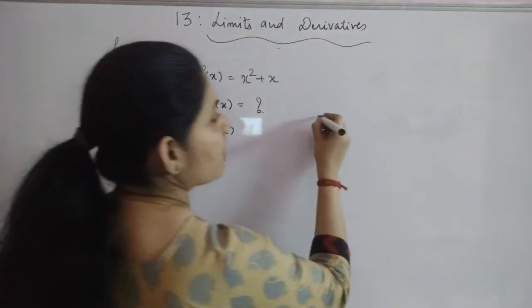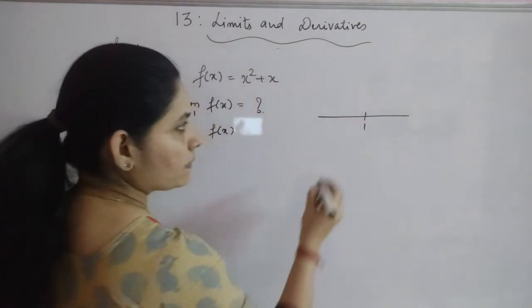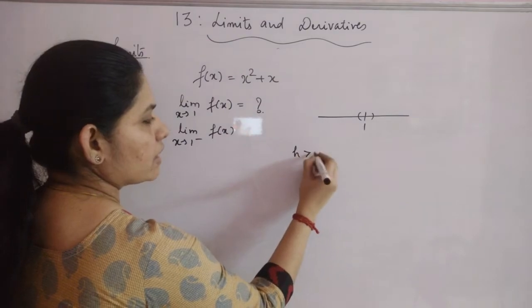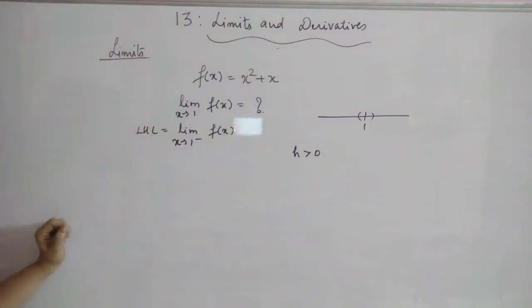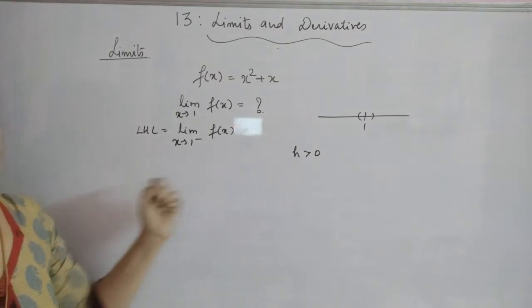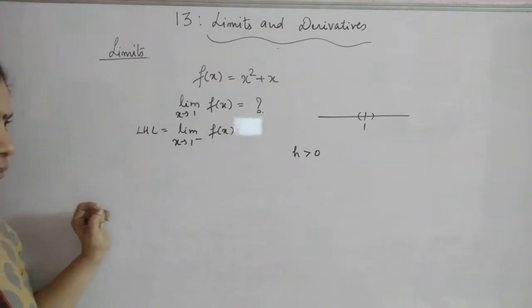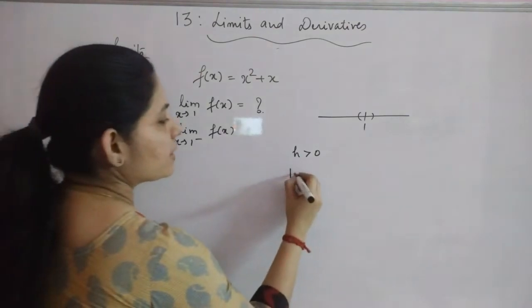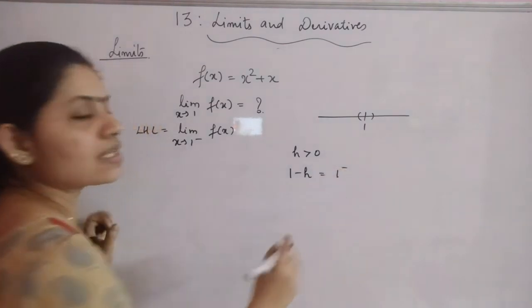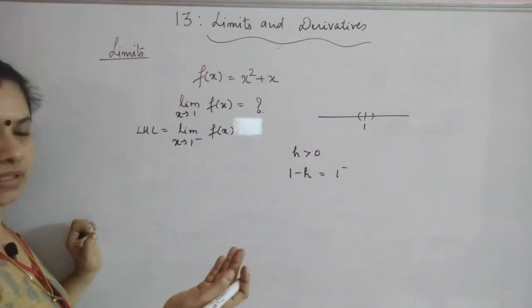Now the concept of h is like this: if this is 1, I am taking an h which is very close to 0, but greater than 0. It is a positive value very near to 0. So when I subtract h from 1, it will be a value less than 1.